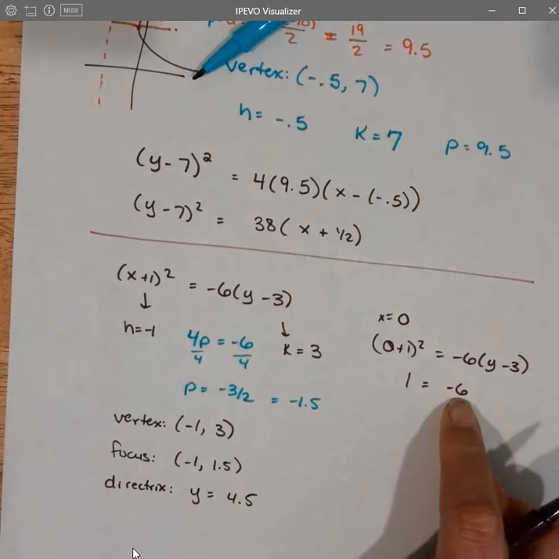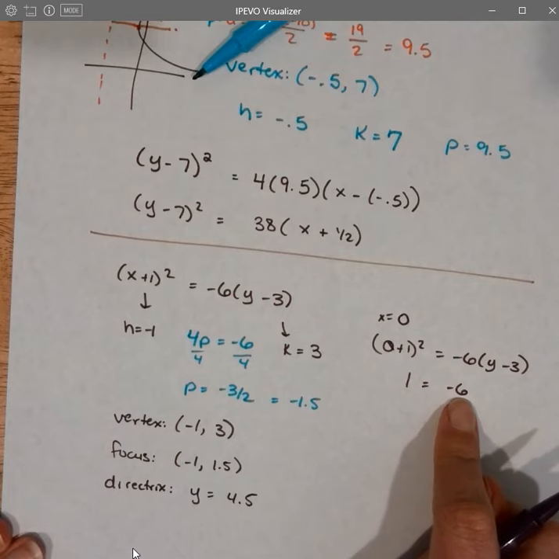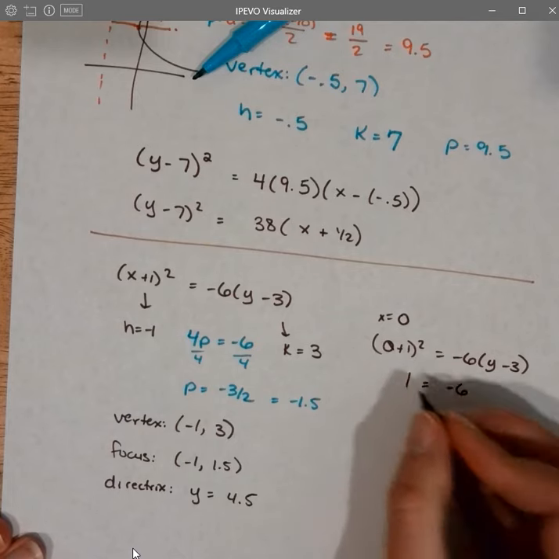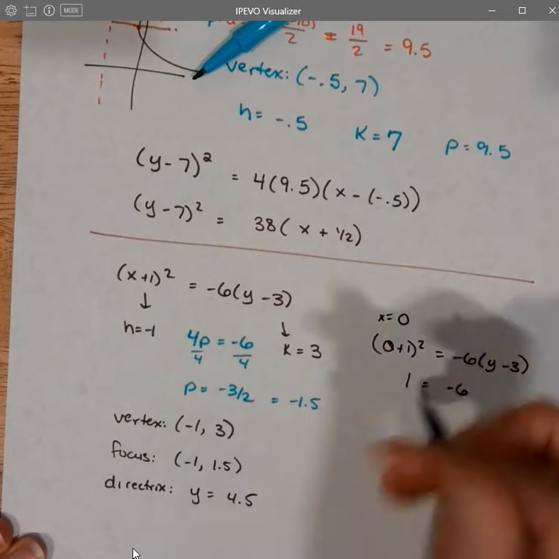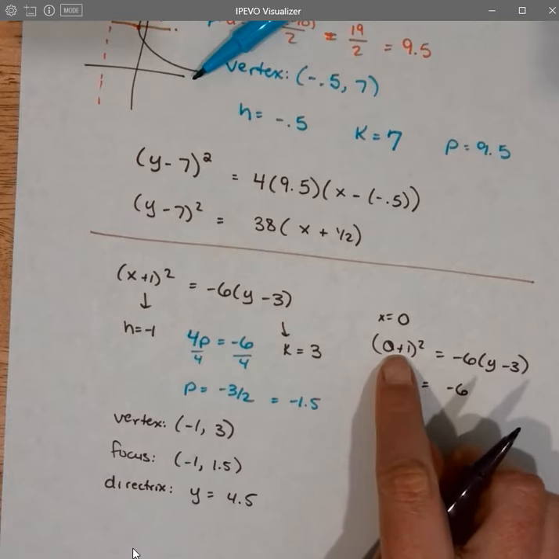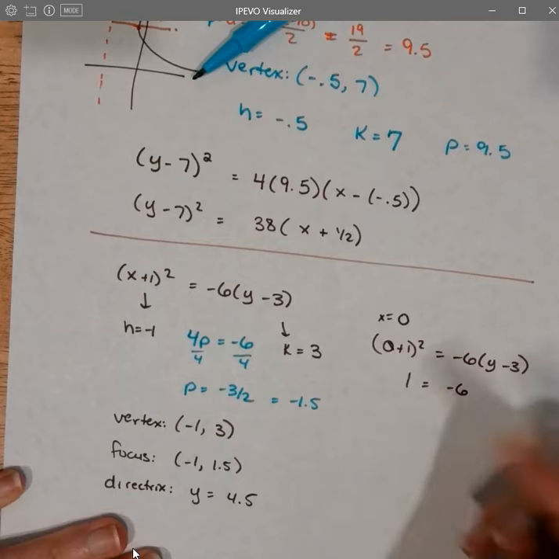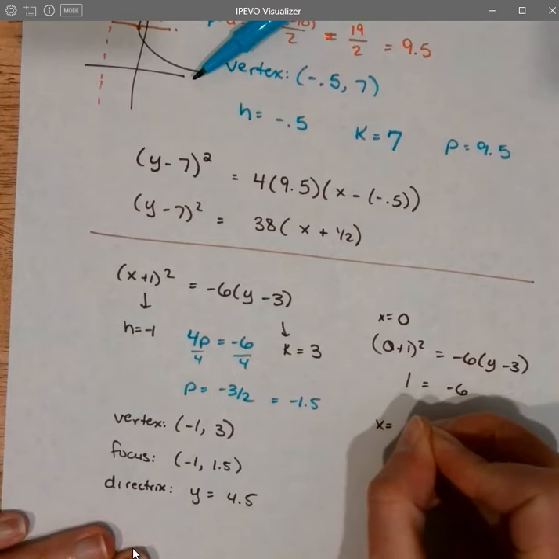This one might not be the best choice because I can't divide it nicely by negative 6. So let's try a different one because I want it to be a nice integer. If I try 5 for x, then I'm going to at least get a 6 squared, and I'll be able to divide by negative 6. So I'm going to try x equals 5.